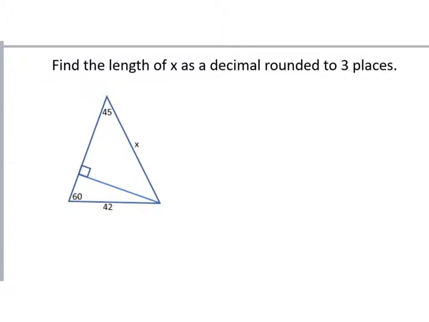But you'll see, if you know your special rights, it will go a little bit quicker than having to set up all the ratios. Because when I look at this triangle here, my 30, 60, 90, I've got my short leg, my hypotenuse, and my long leg.